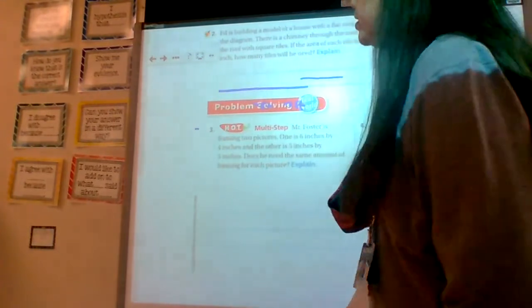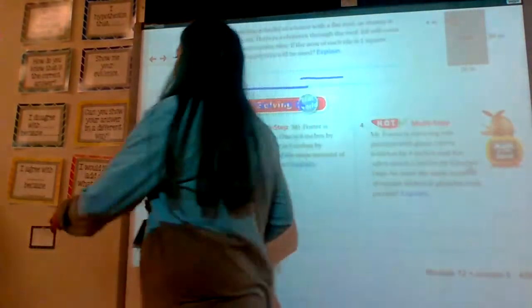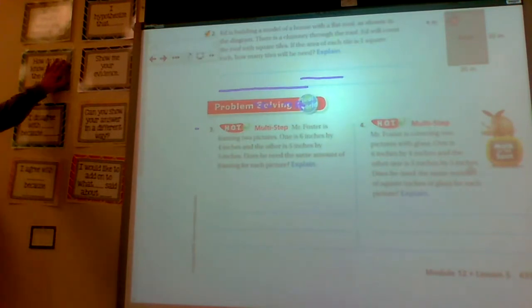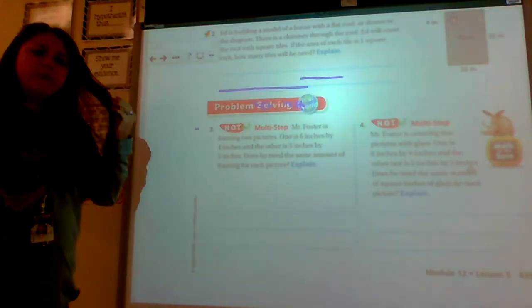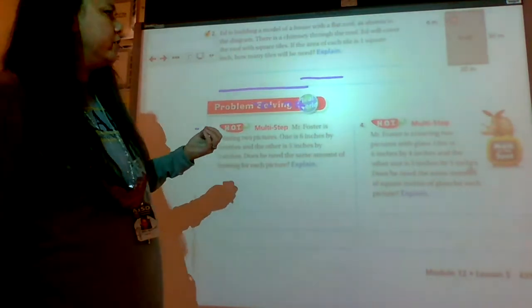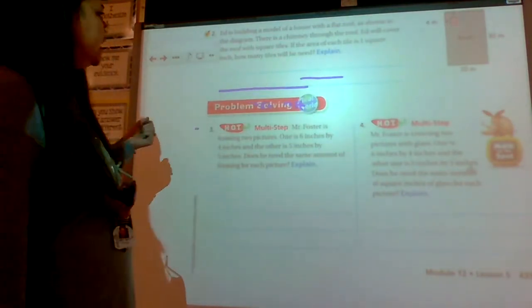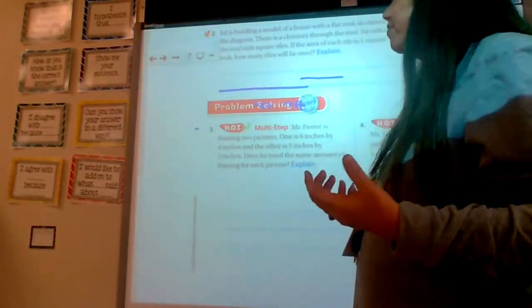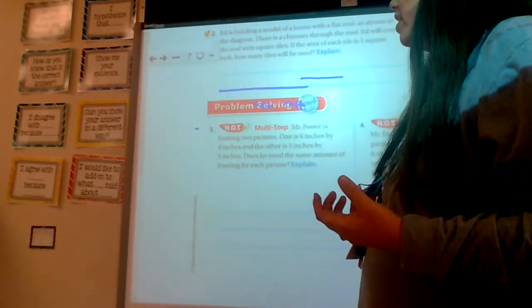I don't know if you can see them very well, but we have stems in here that we use. Okay, sentence stems. And we ask ourselves, can you specify by what you mean? If your partner says something you don't understand, say, I don't really know what you mean. If they tell you an answer, say, how did you get that answer? Show me that evidence. Okay?